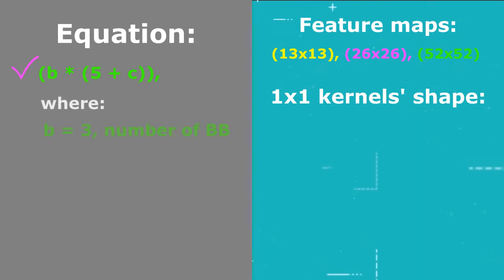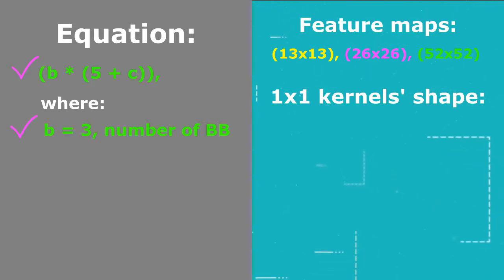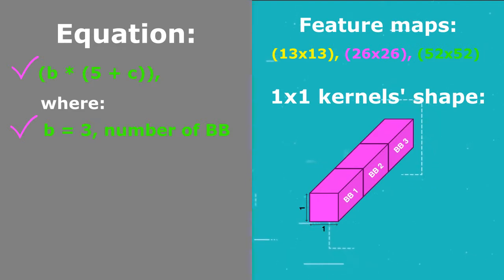B here represents the number of bounding boxes that each cell of the produced feature map can predict. YOLO version 3 predicts 3 bounding boxes for every cell of these feature maps. That is why B is equal to 3.